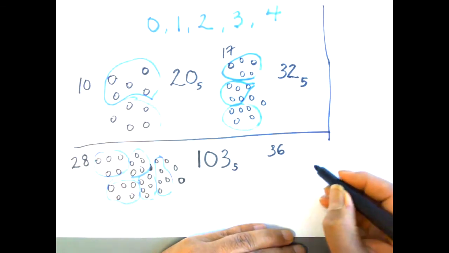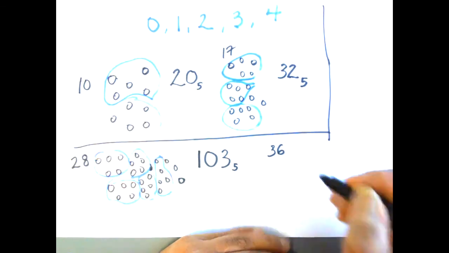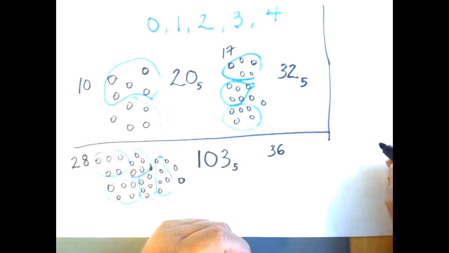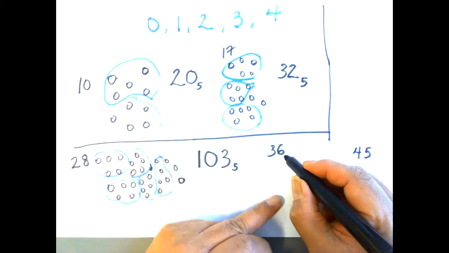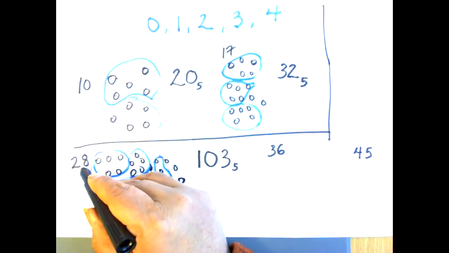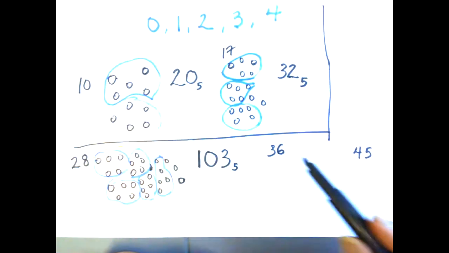You count 36 objects and then group them. And then the next question would be how do you write 45 in base 5? So this is base 10, and this is base 10.